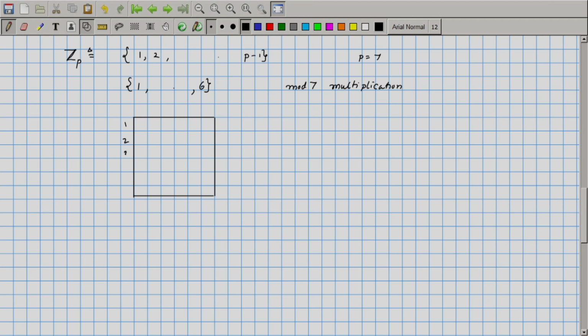So 1, 2, 3, 4, 5, 6 are the elements. 1 into 1 will be 1, mod 7 as well.